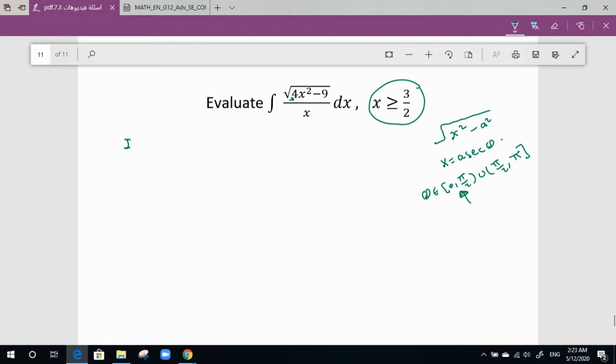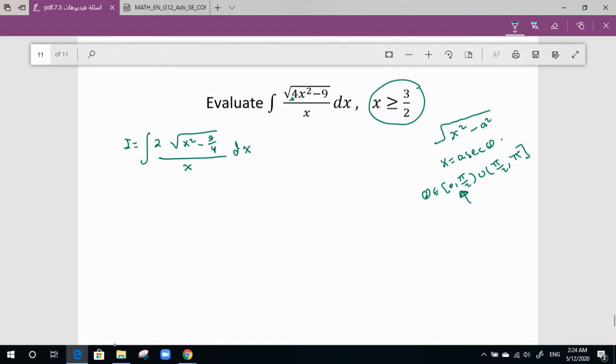So I equal the integral. When I take 4 as a common factor, radical of 4 is 2, so 2 radical x squared minus 9 over 4, over x dx.